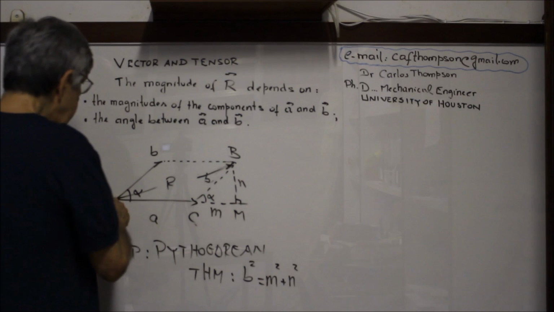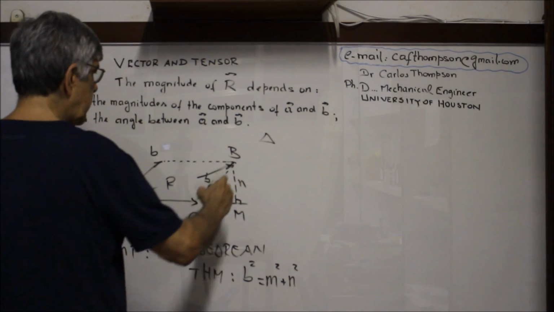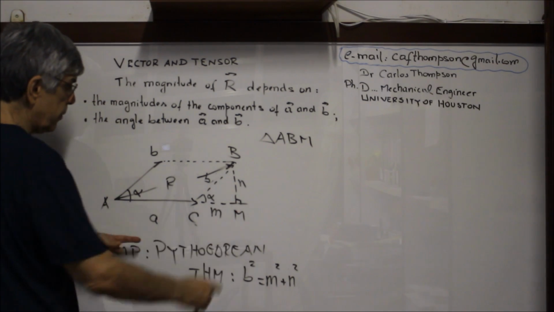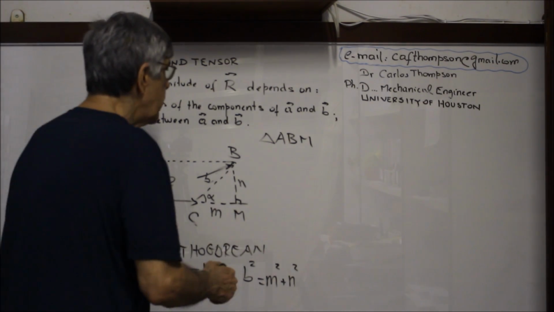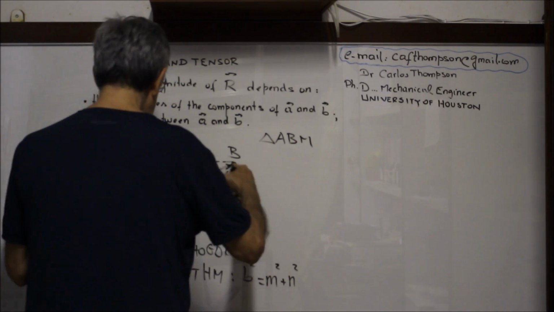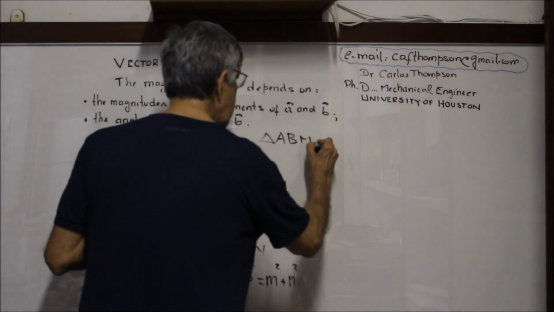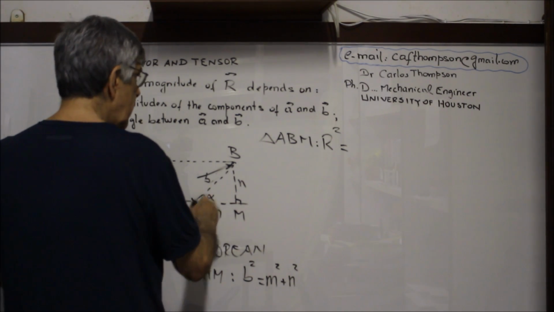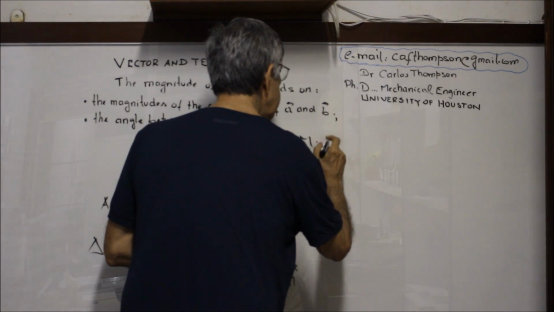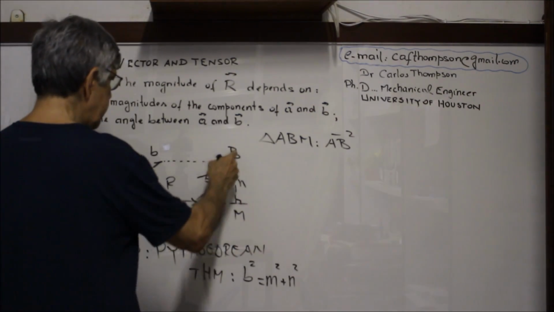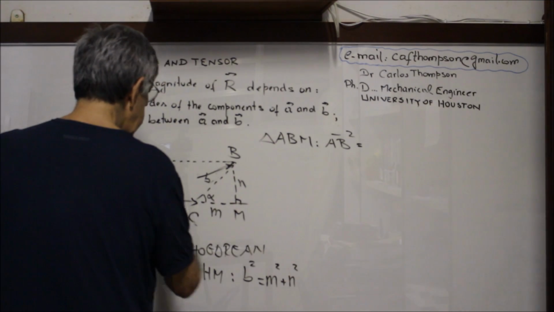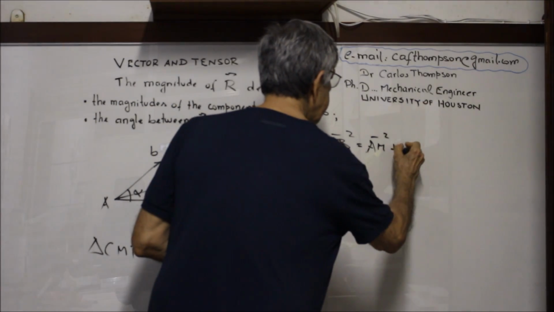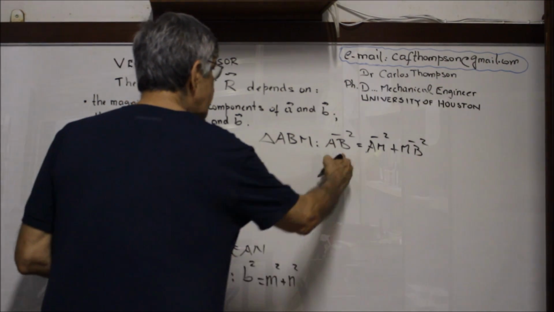Now, in the big triangle ABM, let's apply the same Pythagorean theorem. The hypotenuse AB squared is equal to AM squared plus MB squared. Now, what is AB?